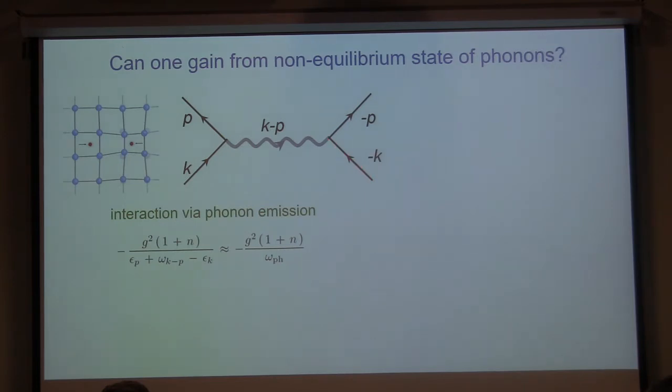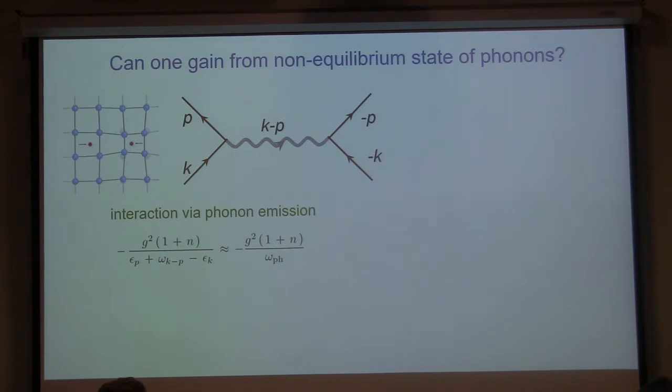So let's try to compute the characteristic strength of this process. Second order electron-phonon interaction, so we have g squared. Then we have to put in the energy denominator. Our initial state had just an electron at momentum k, and our intermediate state has an electron now with momentum p and an extra phonon.